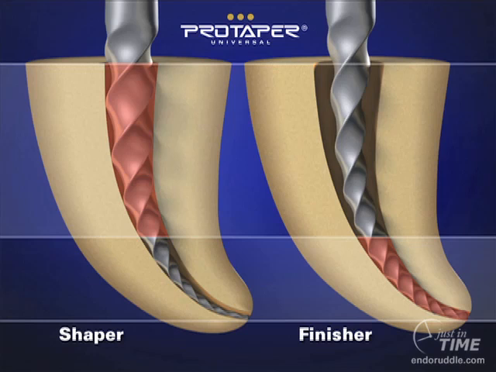The tip of the file is to guide the instrument through the glide path. So there's a big assumption here, and the assumption is you have a smooth, reproducible glide path. ProTaper files should not be used in any route until the canal has been catheterized, expanded, and enlarged to a 15 hand file.